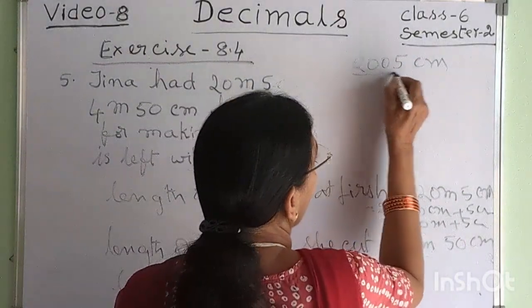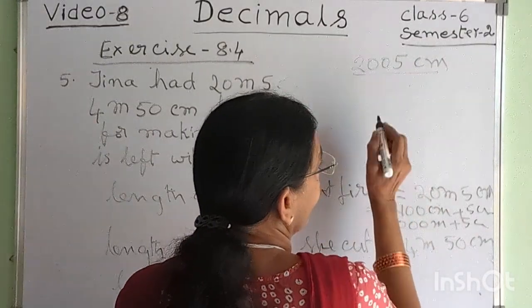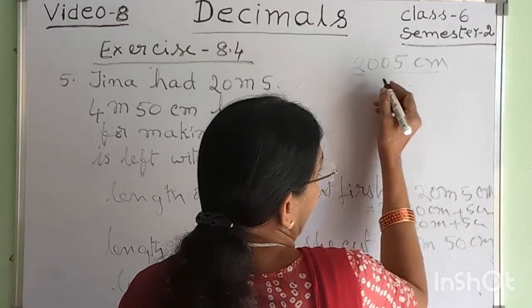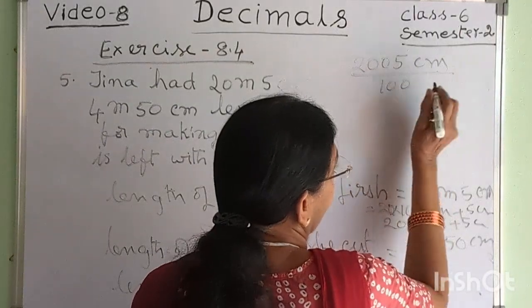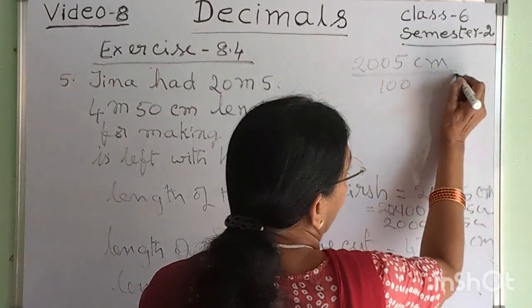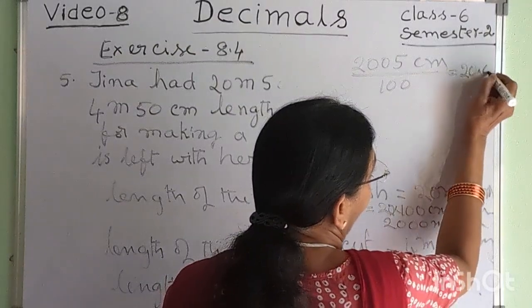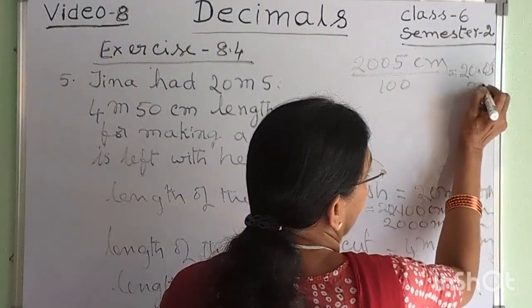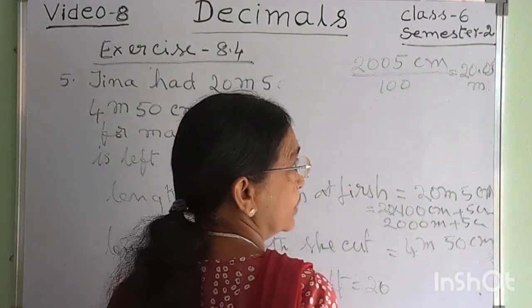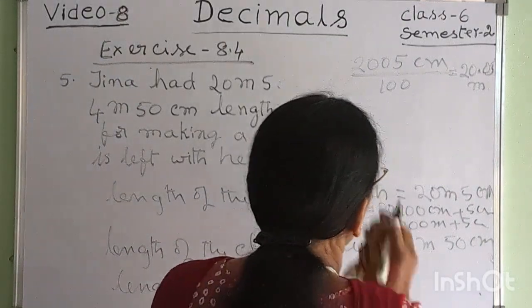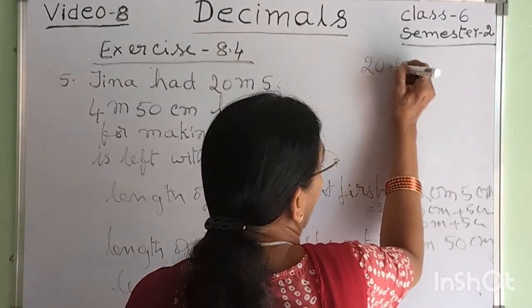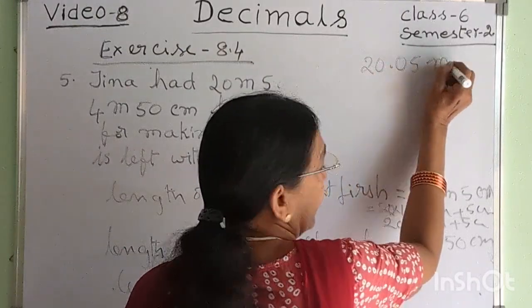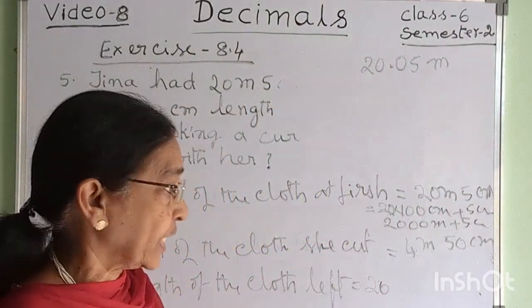Converting into meters, we have to divide it by 100. So dividing it by 100, we get in meters 20.05 meters, the length of the total cloth.